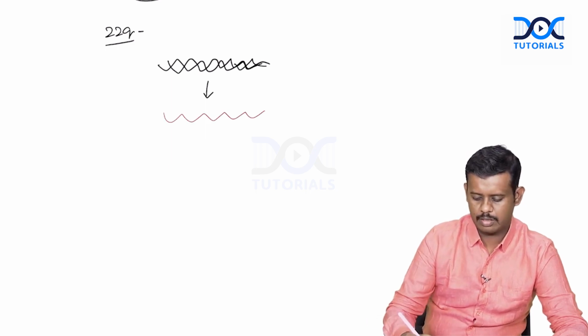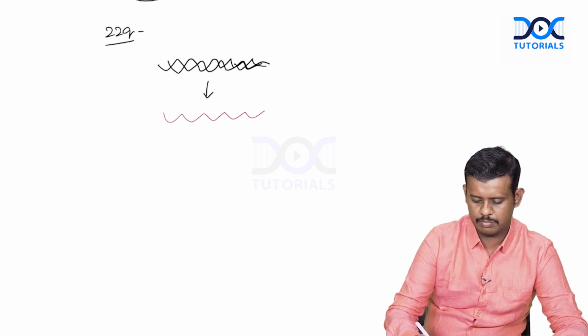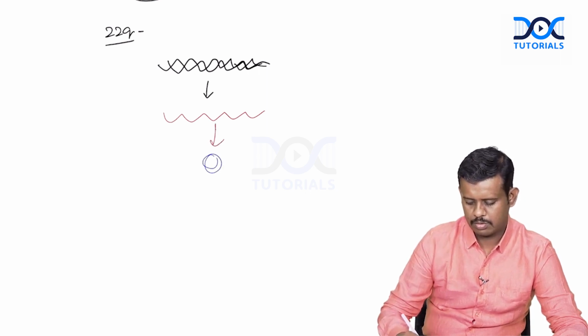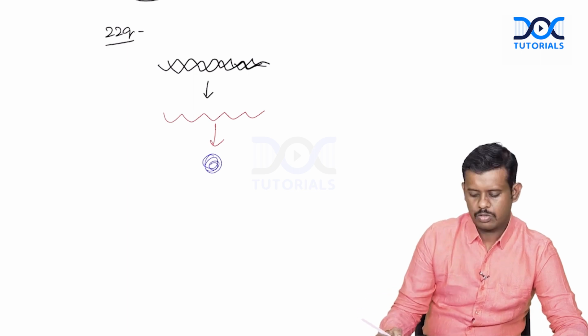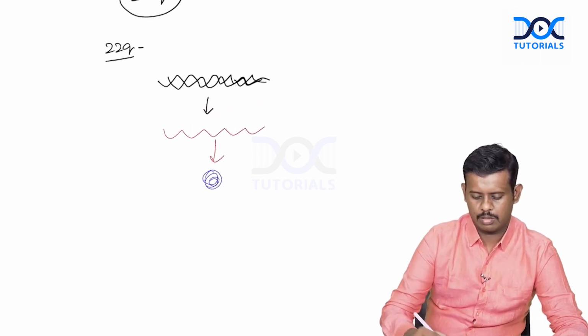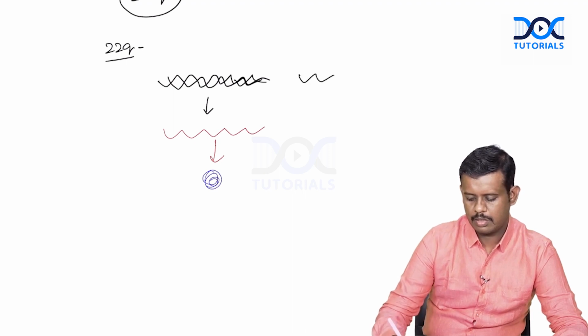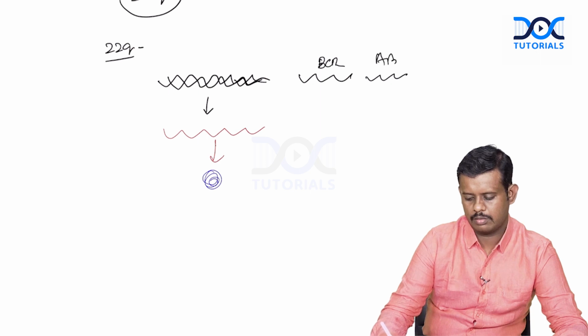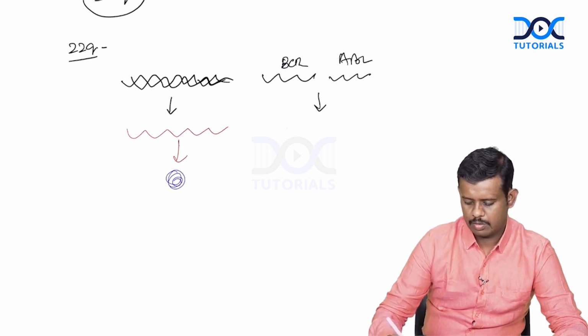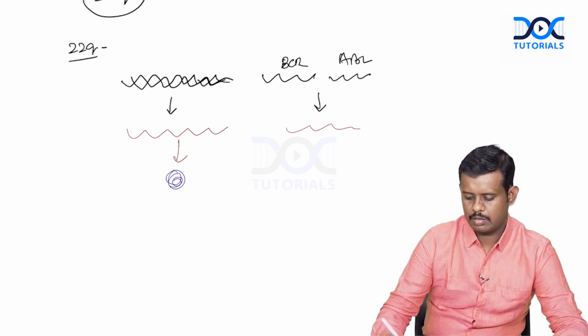This mRNA in turn gives rise to the proteins. So what happens here is a hybrid gene, that is the BCR-ABL, which gives rise to the transcript and the abnormal protein.